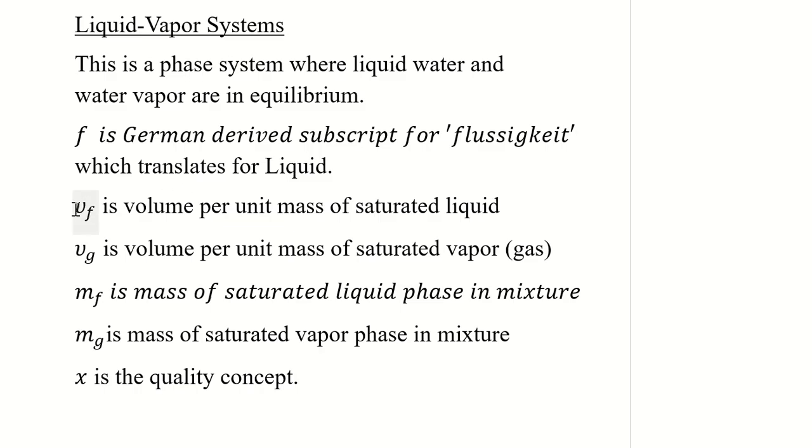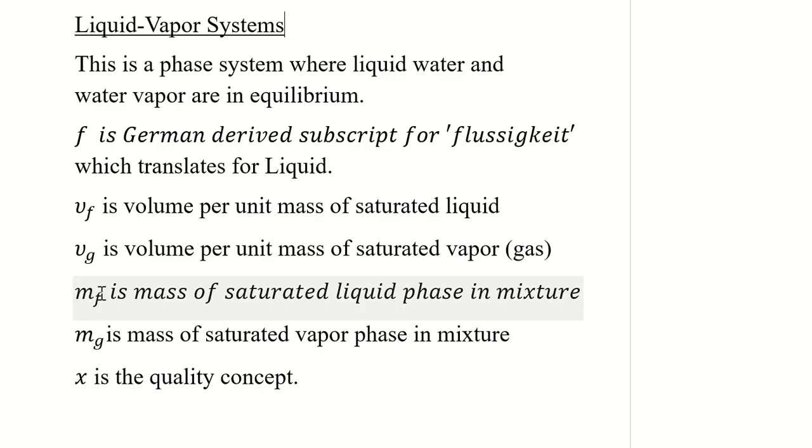So lowercase v subscript f translates to volume per unit mass of saturated liquid. So instead of L representing liquid, we use f, because it is derived from the German word which means liquid. And lowercase v subscript g translates to volume per unit mass of saturated vapor, or gas. Vapor is gas. That's why we have g.